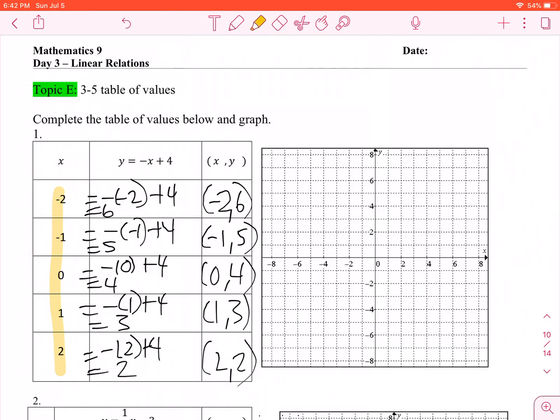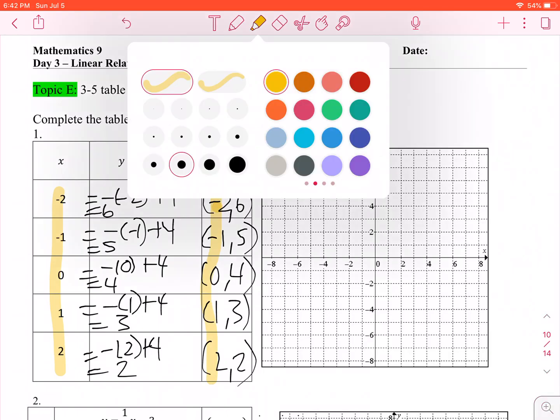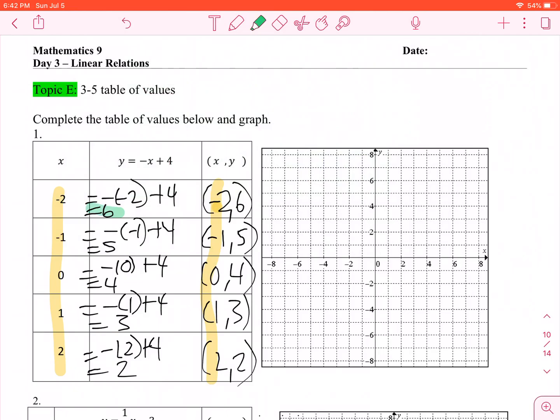So you'll notice all of our x values are just rewritten, and the work that we worked out to figure out what our y value was, we wrote in the y position. Okay, so now we're going to take each coordinate. It's already labeled for you, so really you just need to plot the point on your axes.